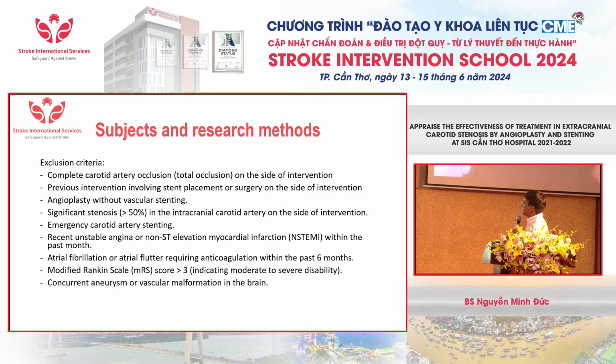Other exclusion criteria include previous intervention involving stent placement or surgery on the side of intervention, angioplasty without vascular stenting, and significant stenosis over 50% in the intracranial artery on the same side. If a patient has a lesion on the other side of the intervention, we include them in our study. Emergency carotid artery stenting is not in the study.